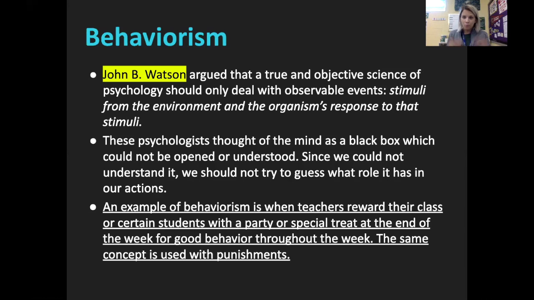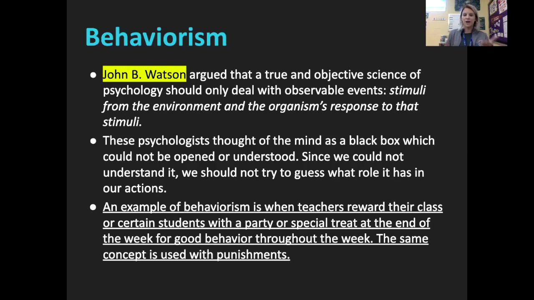And their way of thinking was that since we'll never be able to fully understand it, trying to analyze that is just a lot of guesswork and therefore useless. So John B. Watson and the behaviorists only wanted to study observable behavior.